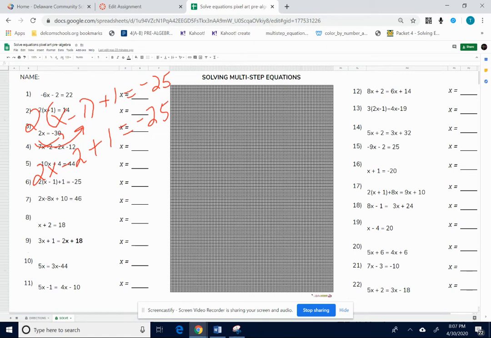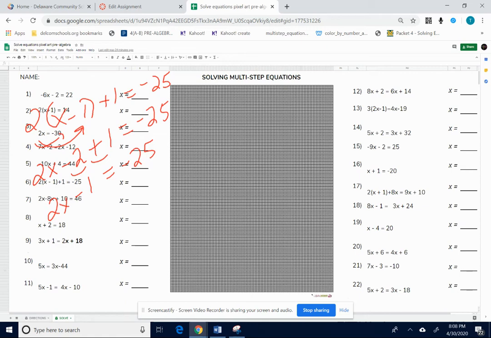Okay, second thing, get your like terms together that are on the same side of the equals. Okay, we have a negative 2 and a positive 1 that are like terms. Okay, you can combine those to be a negative 1. So we have 2x minus 1 equals negative 25.